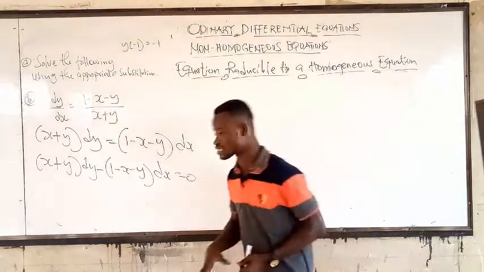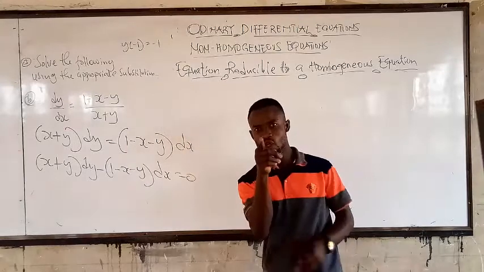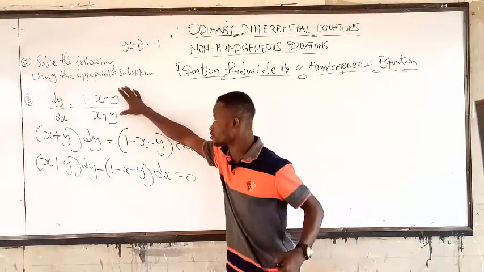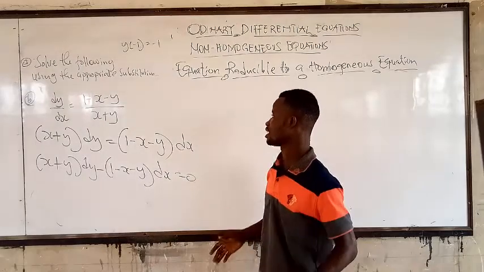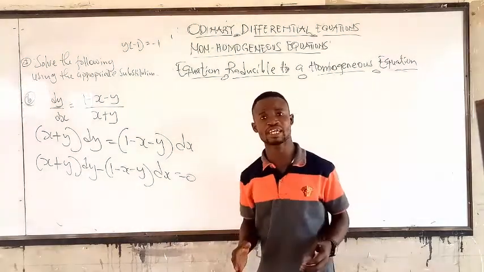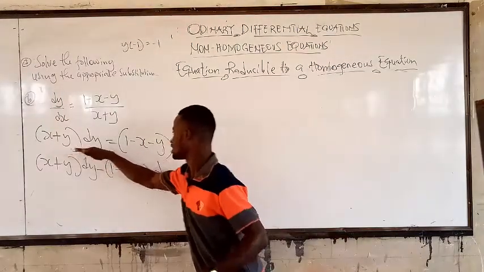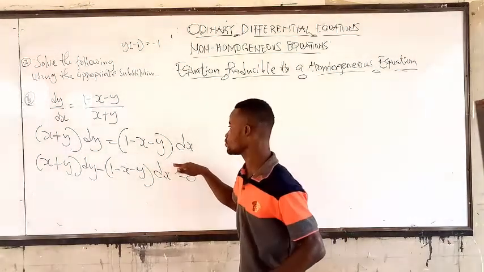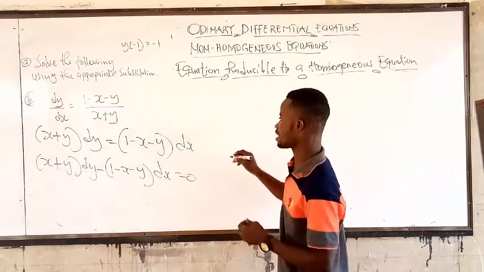Alright? But don't forget, when you are given in this form or this form, you have to transform back to this form. In what way? It's just simple as that. Just the idea of making the dy dx the subject. So you just divide both sides by dx, okay? So when you divide both sides by dx, then it's like this.